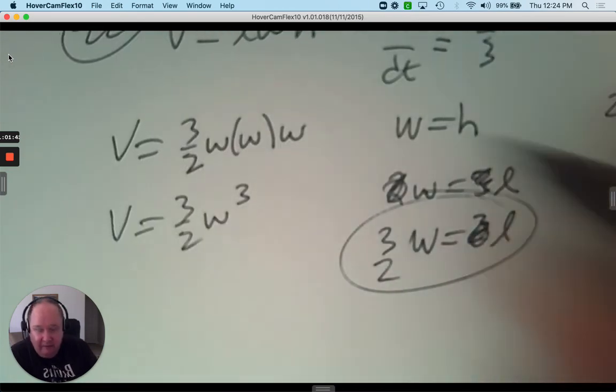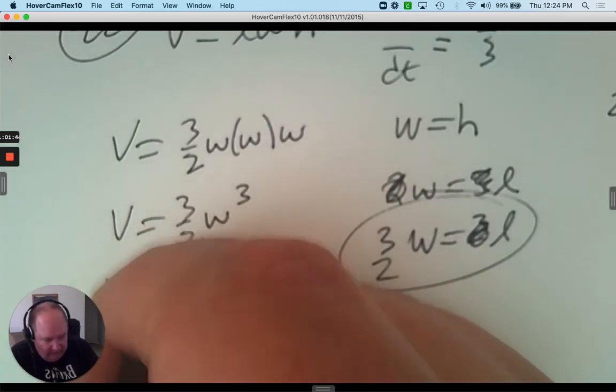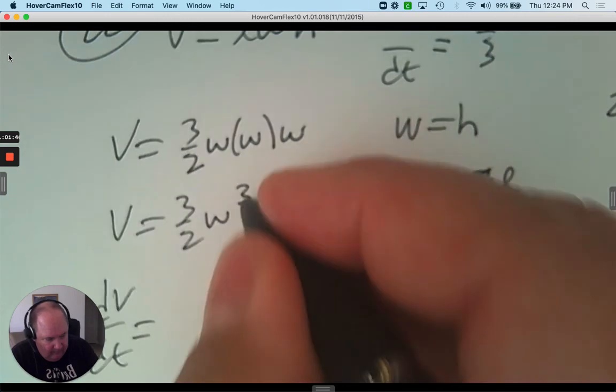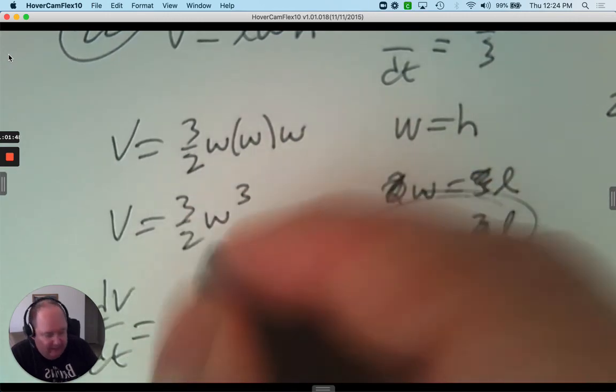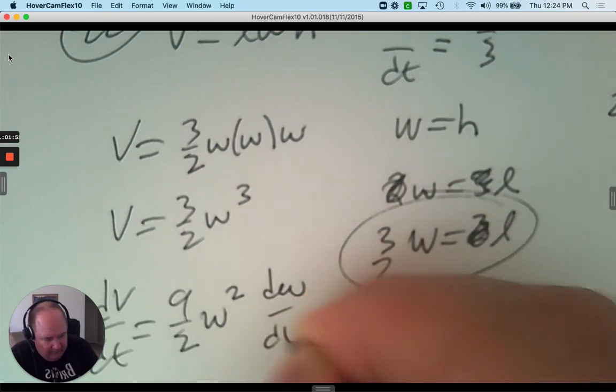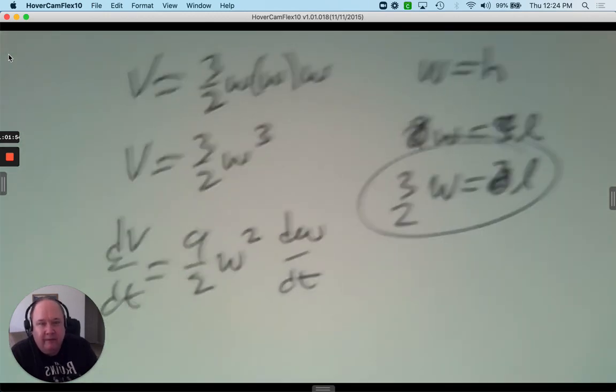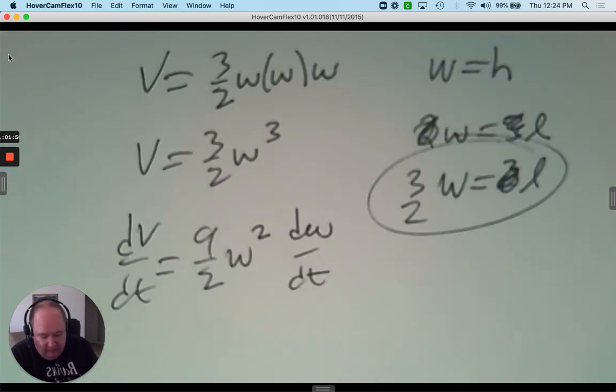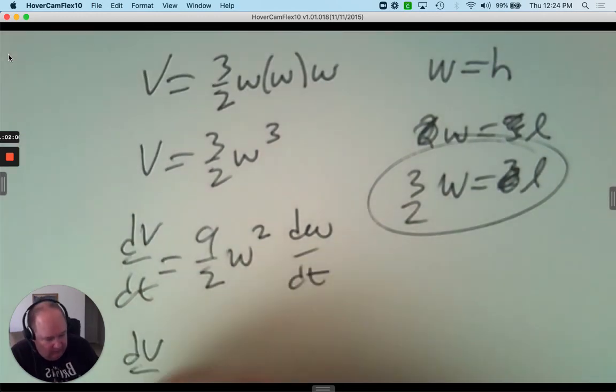Now we're going to take the derivative with respect to time. So 3 times that is 9 over 2, w squared, dw/dt. And now it says when the width is 1 foot. So dV/dt, the width is 1.